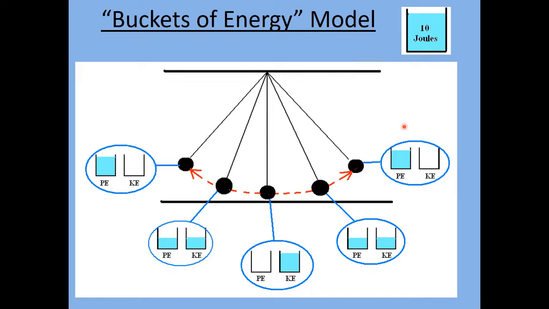Now, one thing we could mention here is that we said that energy is conserved for an isolated system. And what that means is that no energy is coming into or leaving our system. Now, if we did this experiment in a laboratory and watched a pendulum swing back and forth, we would find that it would swing like this for a while, but after some time, the swinging amplitude here would become less and less.